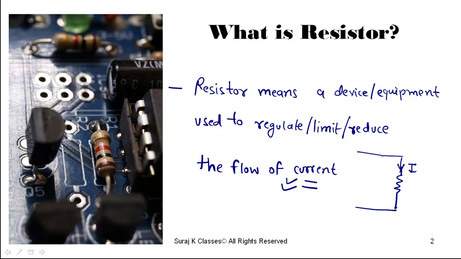On the other hand, voltage is nothing but the potential difference. The potential may stay the same across the circuit, but the amount of current, the amount of charges flowing through the resistor, may vary due to the resistance offered by the resistor.